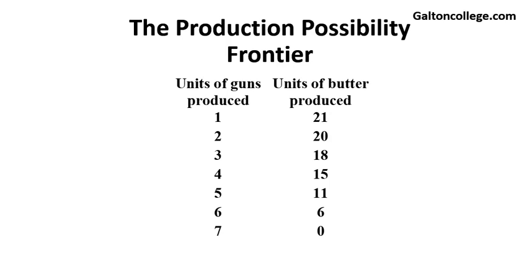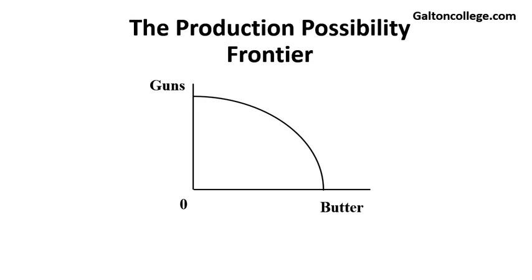So the more guns, less butter. The more butter, less guns. There's a trade-off. And we can represent that trade-off in a diagram like this. The more guns, less butter. More butter, less guns.